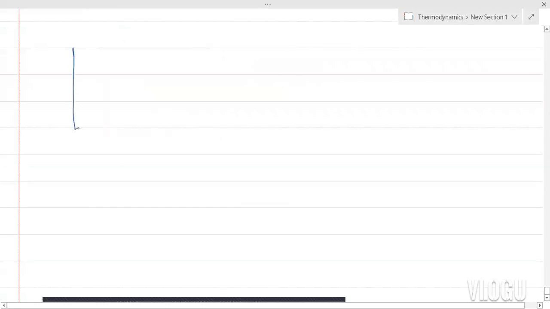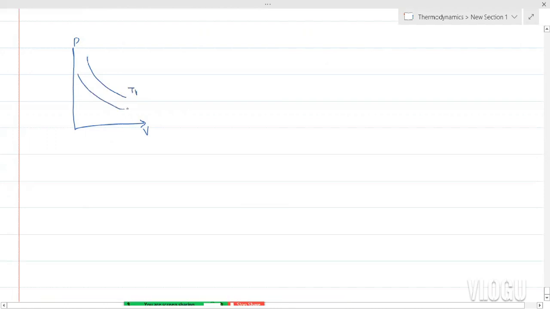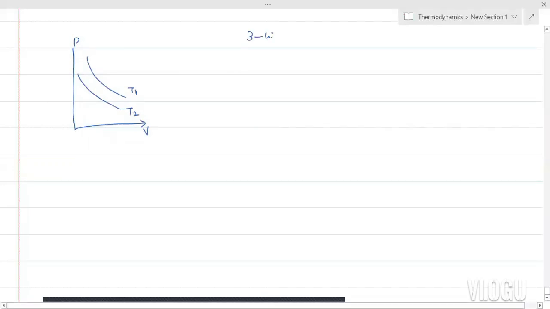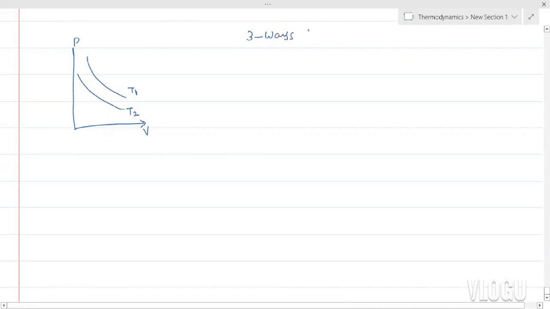For example, we have a situation like this: a PV graph with two curves. One is maintained at temperature T1 and the other at temperature T2. Now we need a relation between the quantity of the gas used. Generally, always remember, we have three ways to solve a graph.